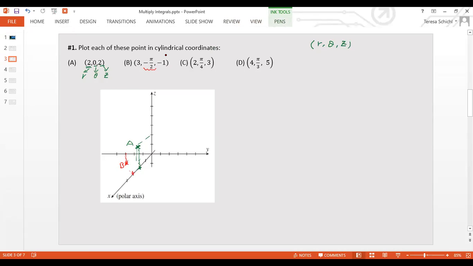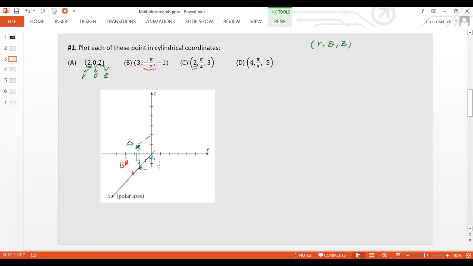Now let's take a look at C. C is 2, pi over 4, and 3. I start at 2, and then I swing pi over 4. So I swing to here, then I go up 3. This angle here is pi over 4, then I go up 3.